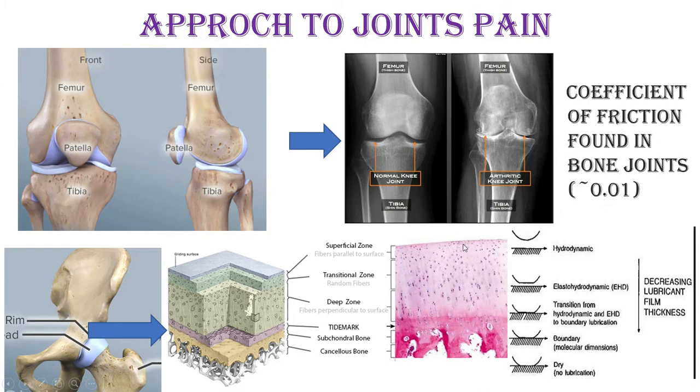For hyaline cartilage there is actually almost no friction, near about 0.01, so there is practically no friction. This is the best load bearing surface all over the world. It is God gifted.